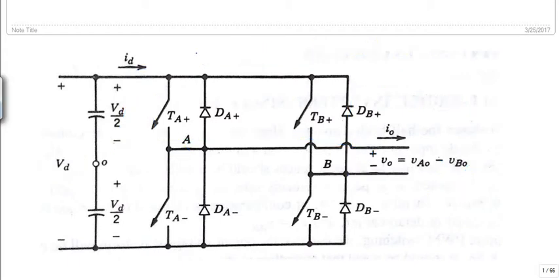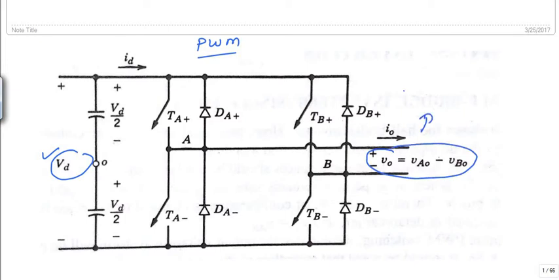If we talk particularly about the PWM inverter, then the input voltage should be essentially constant in magnitude, and what we need here is to be able to control the magnitude as well as the frequency of the output voltage.